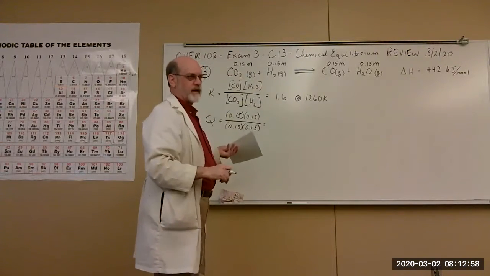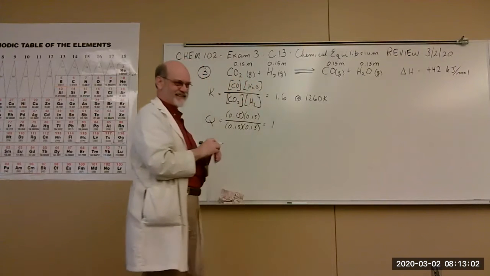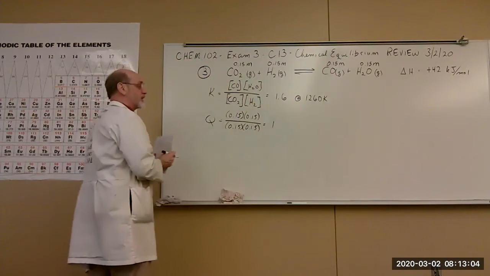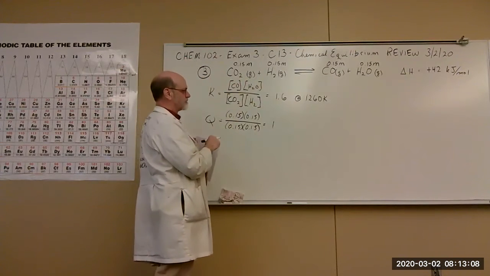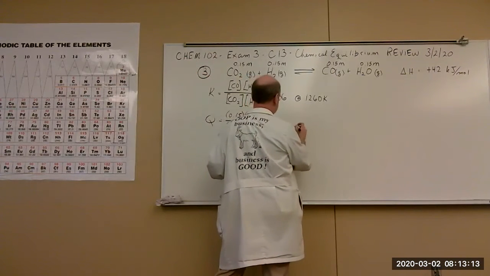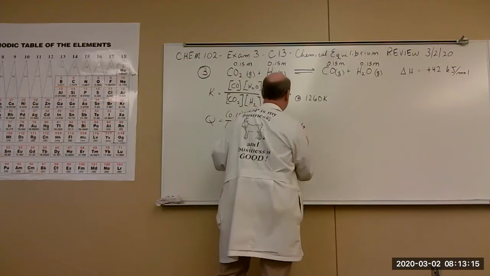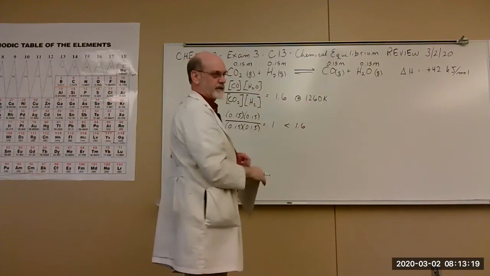We can do that in our head, can't we? It's equal to 1. So which direction does it go if we're equal to 1? Right, Q then is less than K. So it goes to the left, doesn't it?